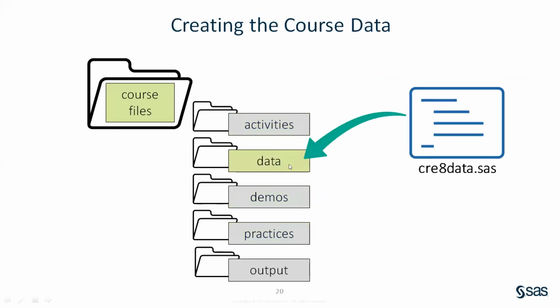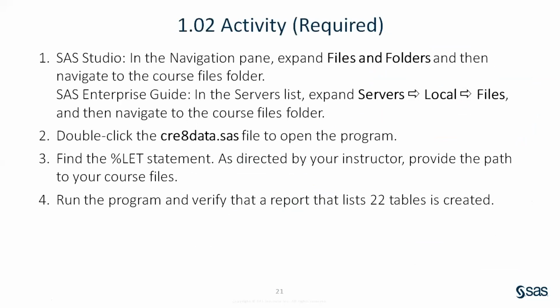All the data for our activities is saved in the data folder. And how do we get this data into SAS Studio? Once we execute the create data.sas code. They have asked us to do the same activity.